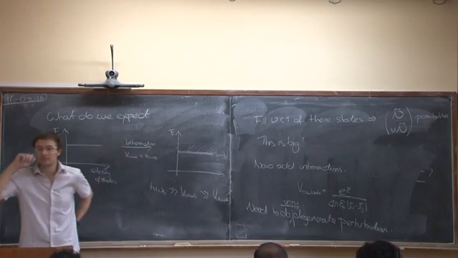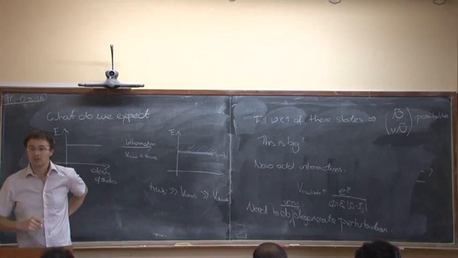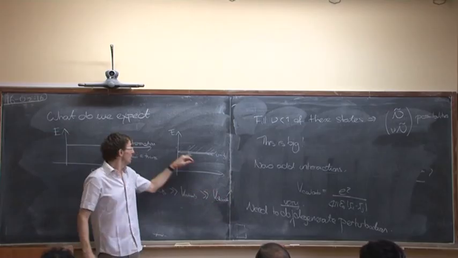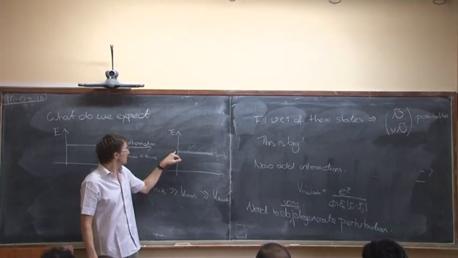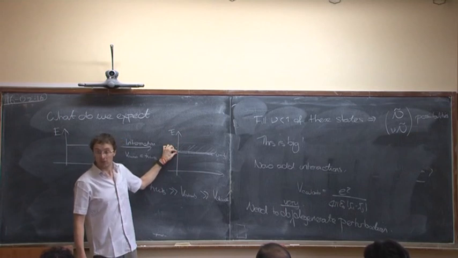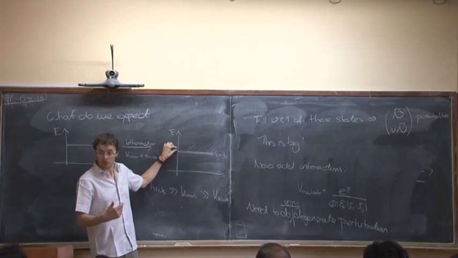Sorry, what is this gap again? I mean, the idea is you have one extended state. No, so let's forget about disorder for now. The idea is that when you look at the density of states, it's not nice and smooth, but there's a gap due to interactions. And then there's going to be another gap at nu equals 2/5.